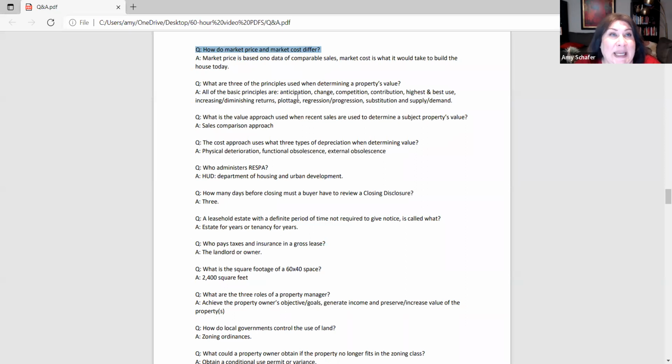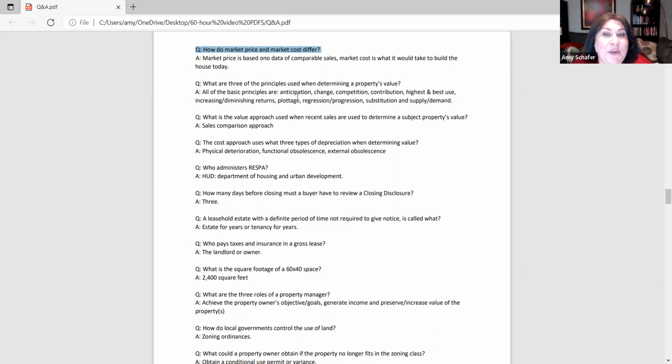Competition is basically how much inventory is on the market and how quickly is it selling. Contribution is going to have to do with upgrades and features to the properties, such as the value of adding a pool versus updating a kitchen.